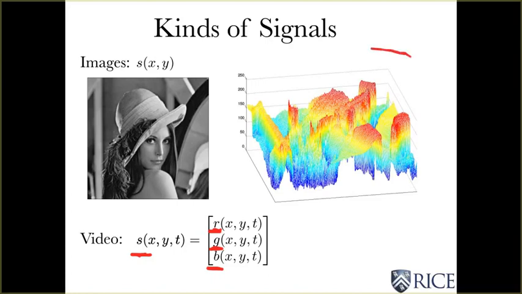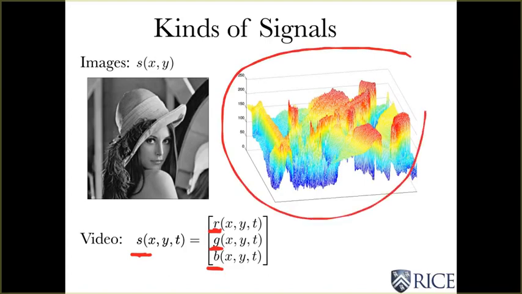So this image up here is in color as an image, not as a plot, but as an image. And it's still considered a 2D image. So again, the dimension of a signal has to do with the number of variables upon which it depends, not how many values it may have. So this 2D image here has red, green, and blue components, each of which is a 2D signal.